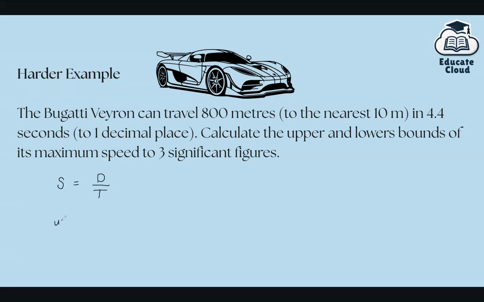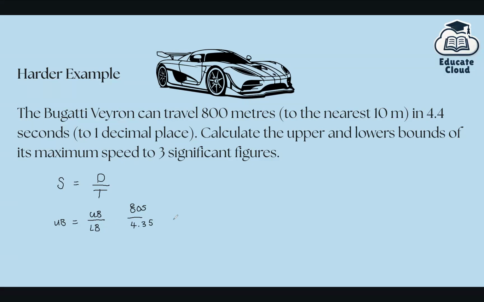To find the upper bound for speed, we want the upper bound for distance, and then the lower bound for time. So the upper bound would be 805, and the lower bound would be 4.35.